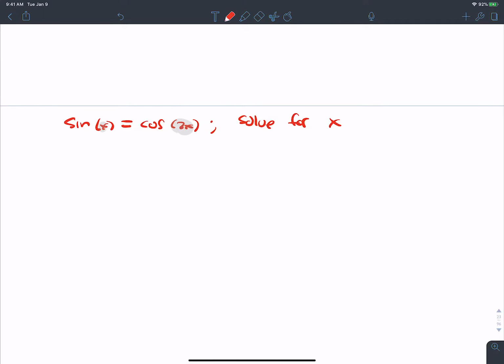Here's what I'm saying. If you guys remember, what do I replace cosine 2x with? There's a trig identity here. What trig identity do I use here? Do you guys remember? Cosine 2x. There's a nice trig identity.